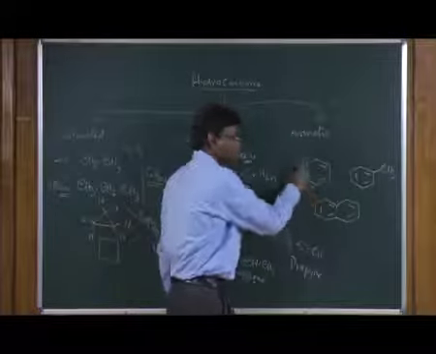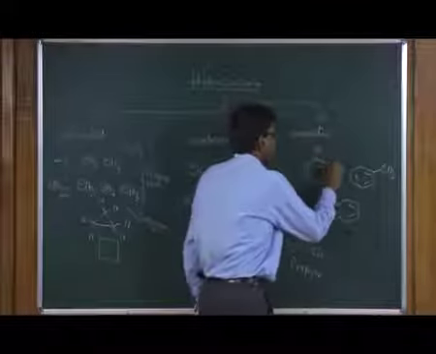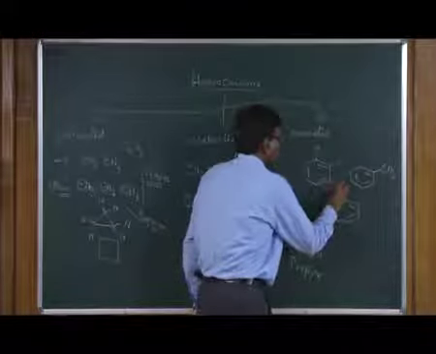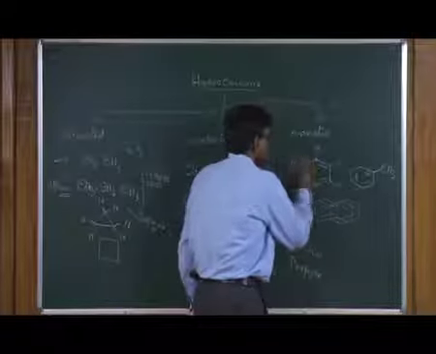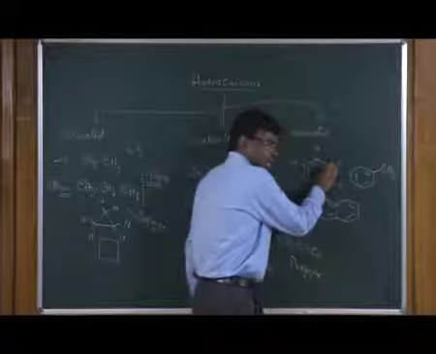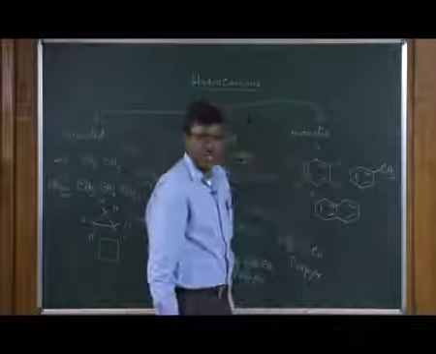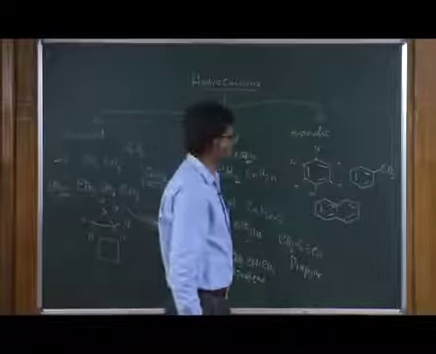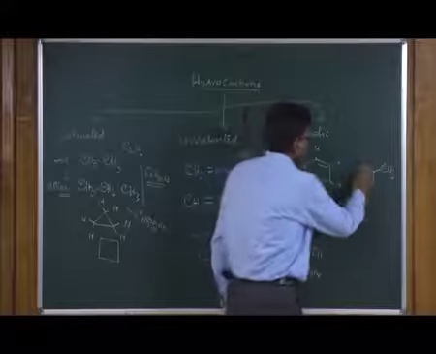That means it has 6 carbon atoms, each carbon bonded with another carbon by a double bond, and at the same time with one hydrogen atom. This compound is called an aromatic compound, and there are also derivatives, right.